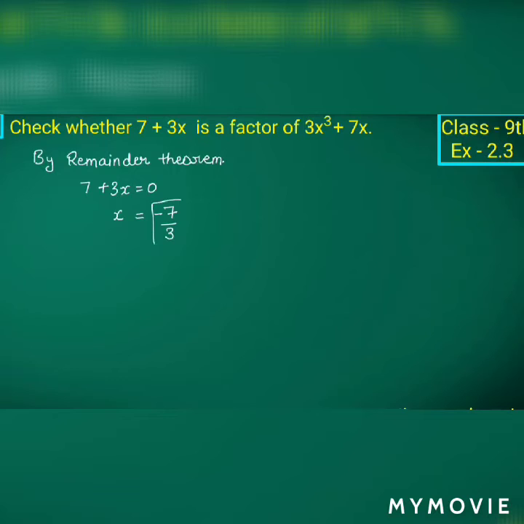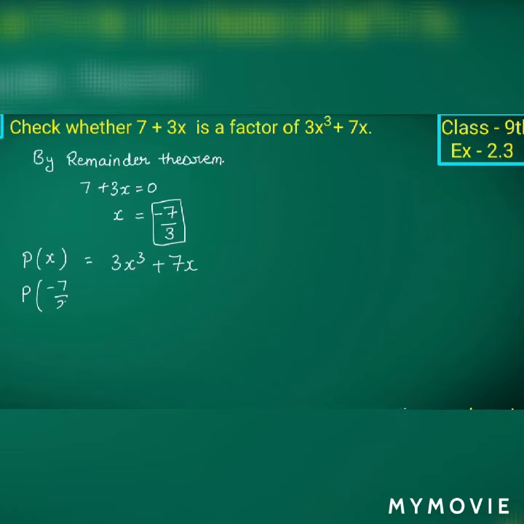Here the value of x should be substituted in the given p of x. So p of x is equal to 3x cube plus 7x, that is 3 into minus 7 by 3 whole cube plus 7 into minus 7 by 3.